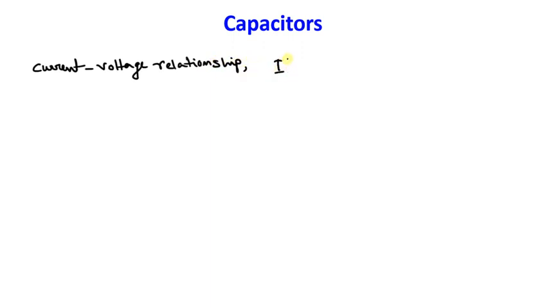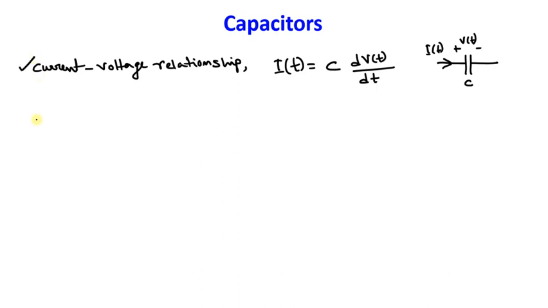You already know that, right? It is related by this expression, I of t equal to C dV dt, isn't it? If this is the capacitor and if the voltage drop is V of t and the current flowing through is I of t and the capacitance is C, then I of t will be related with this V of t by this expression.